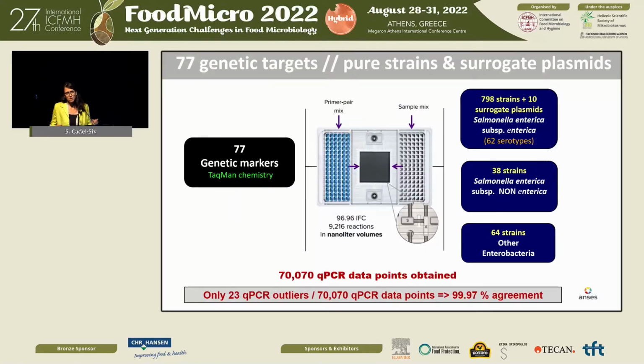So we crossed 77 genetic markers experimentally with all of these strains to generate more than 70,000 PCR data points. And our method has an agreement of more than 99% with the conventional serotyping methods.